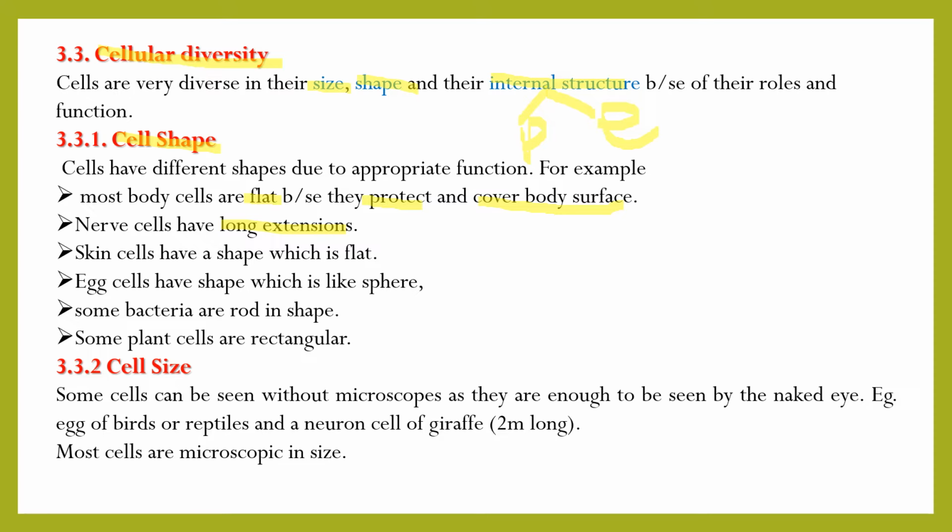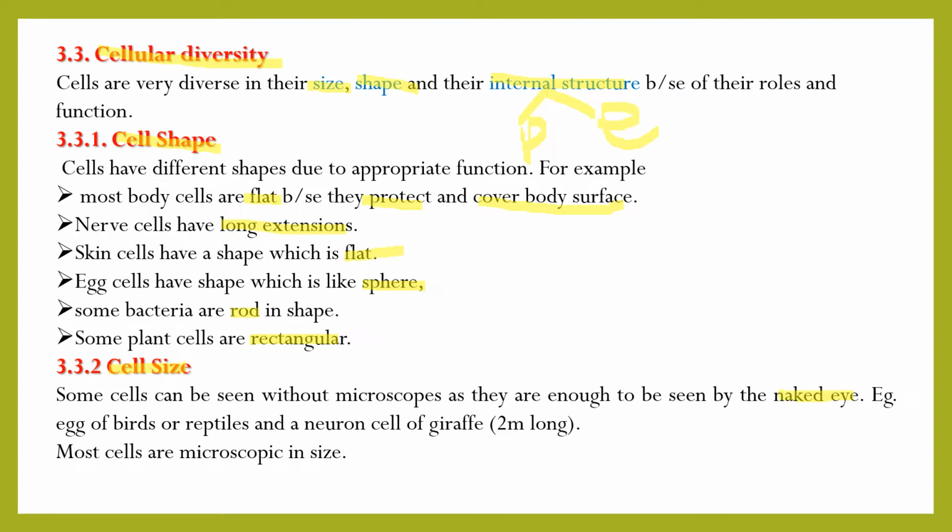Skin cells are flat in shape, whereas egg cells are spherical. Some bacteria are rod-shaped. Some plant cells are rectangular in shape. When it comes to cell size, some cells can be seen with the naked eye without any microscope.